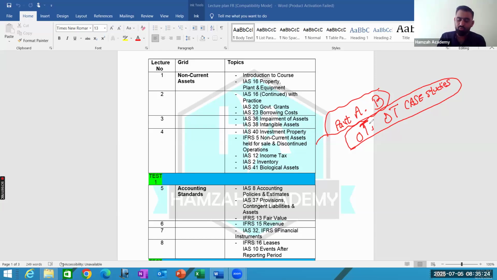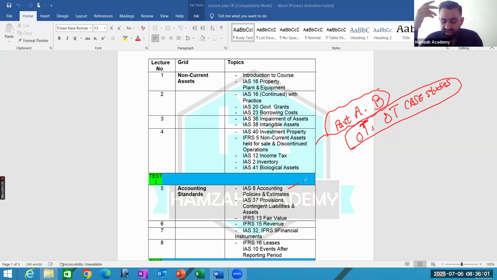After that, we will have the other accounting standard, IAS 8. In IAS 8, we will learn about accounting policies. For example, inventory valuation methods like LIFO and FIFO, or in IAS 16, the revaluation model and cost model, these are accounting policies. We will learn about the change in accounting policy, the change in accounting estimate like depreciation, useful life, residual value, and accounting errors.